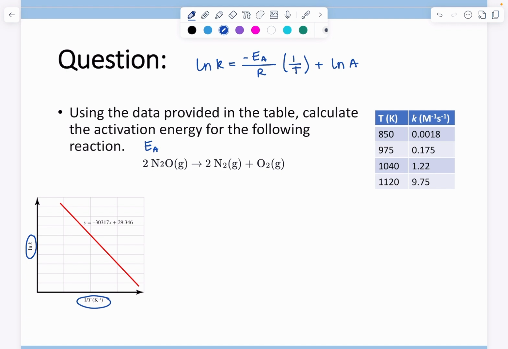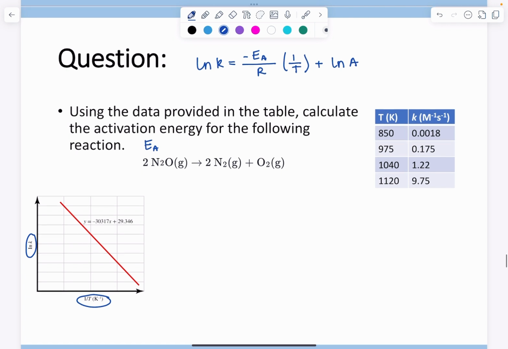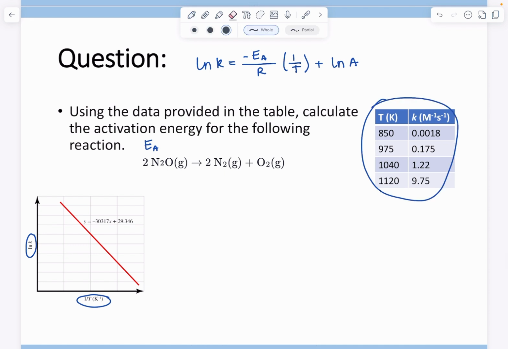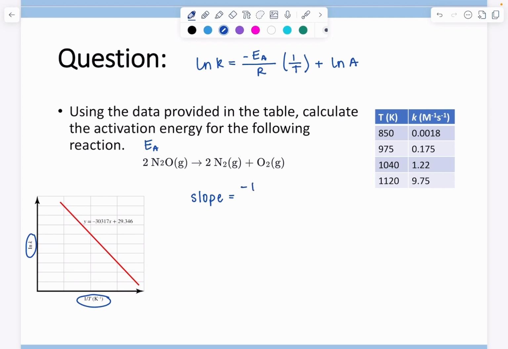That slope has already been provided to us. So the line was plotted based on the information in this table, and then the slope of that line can be calculated using a program. Because I've already given the slope to you, we can go straight to setting the slope equal to negative activation energy over R.